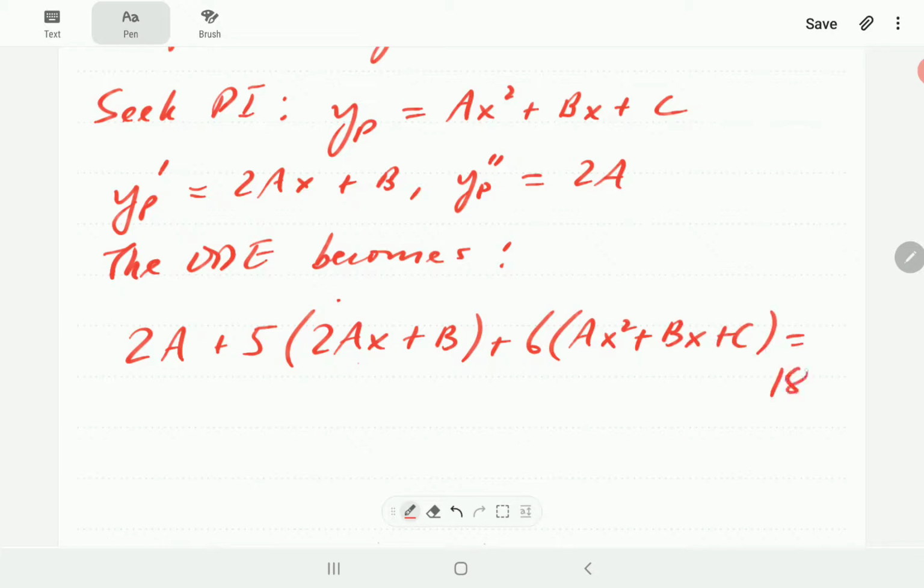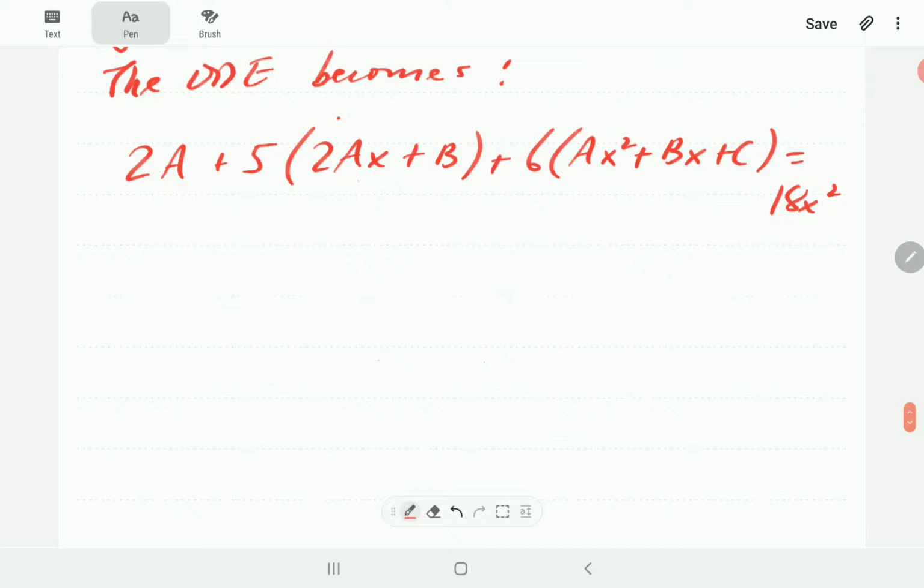This is equal to 18x squared. Then if we just sort out the left hand side, starting with the highest powers of x, that term is going to give us the highest power of x, which is x squared, with 6a.